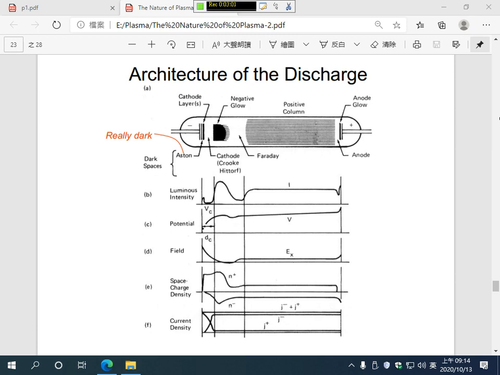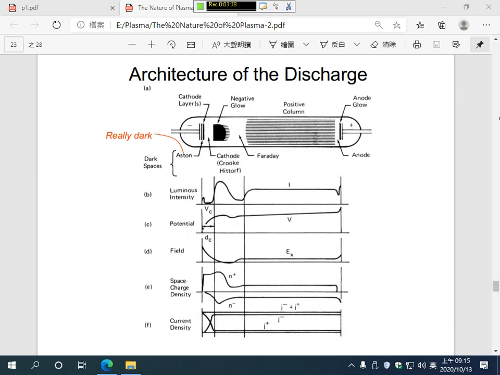But once we generate plasma, the plasma will automatically form several zones. And then we can find that most of the potential drop falls in the cathode region. The potential drop in the cathode region is labeled as V sub C, where V is potential and C is cathode.